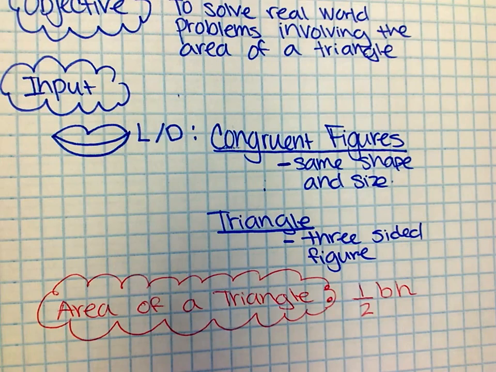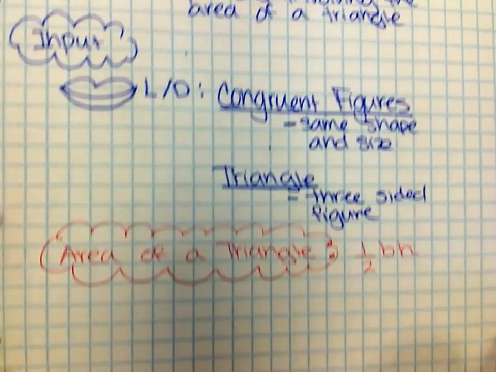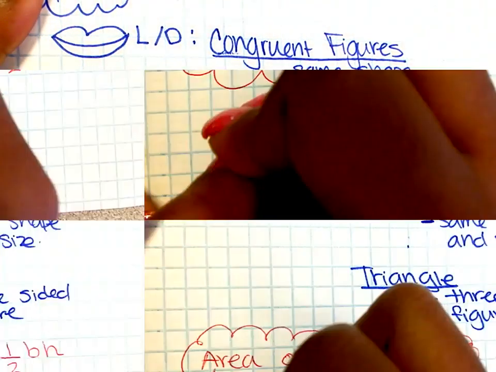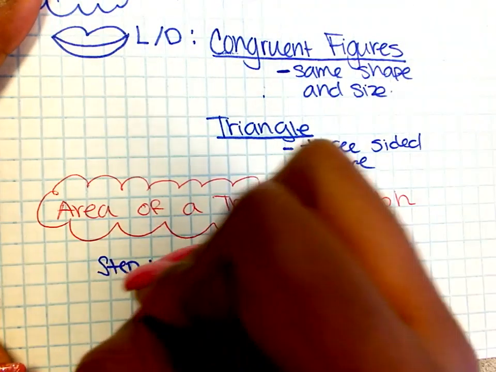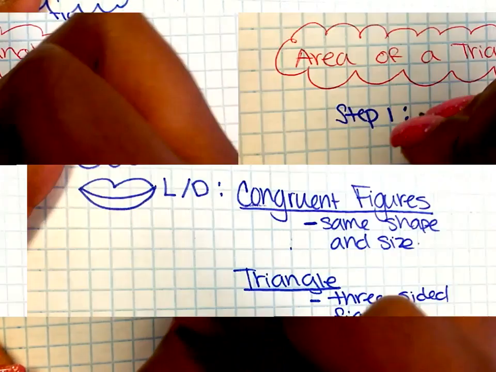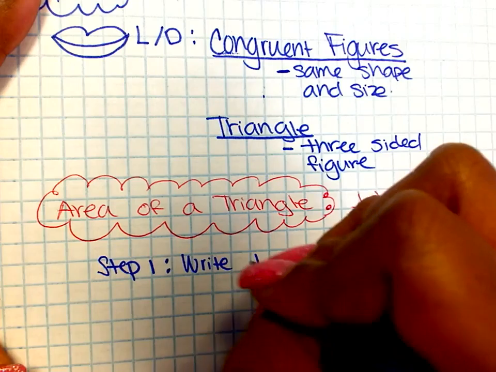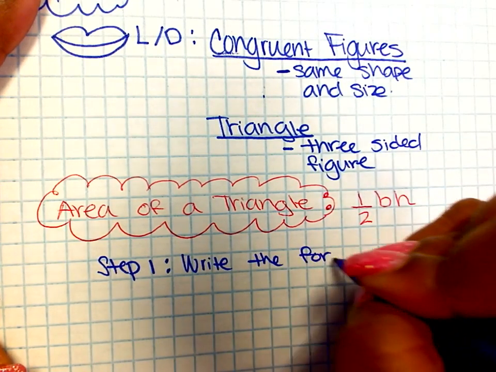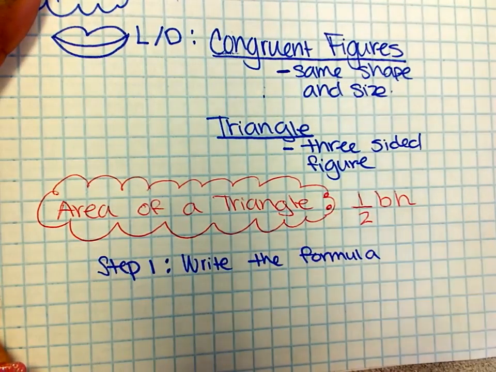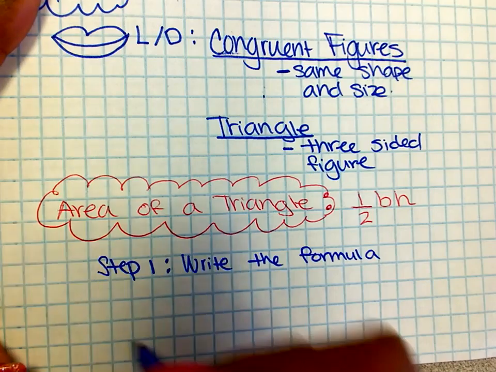So we're going to write down the steps for this problem. Here we go. To find the area of the triangle, step 1, you first have to write or know the formula, which is 1/2 base times height, which you can just do the base times height divided by 2, same thing.